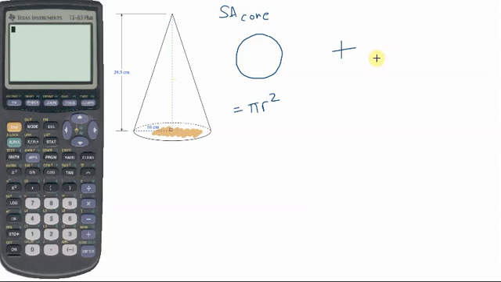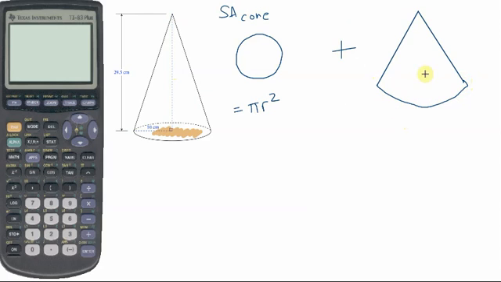Now, if you didn't know what's going to happen with a cone, a cone is going to be made up of a bit of a triangular shape. But it's not a perfect triangle. It's actually going to be a segment of one.